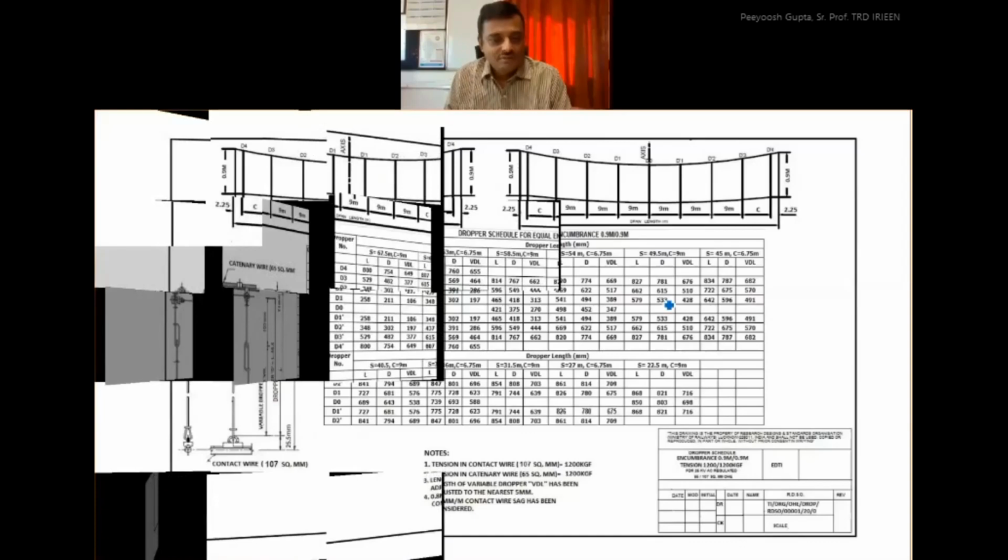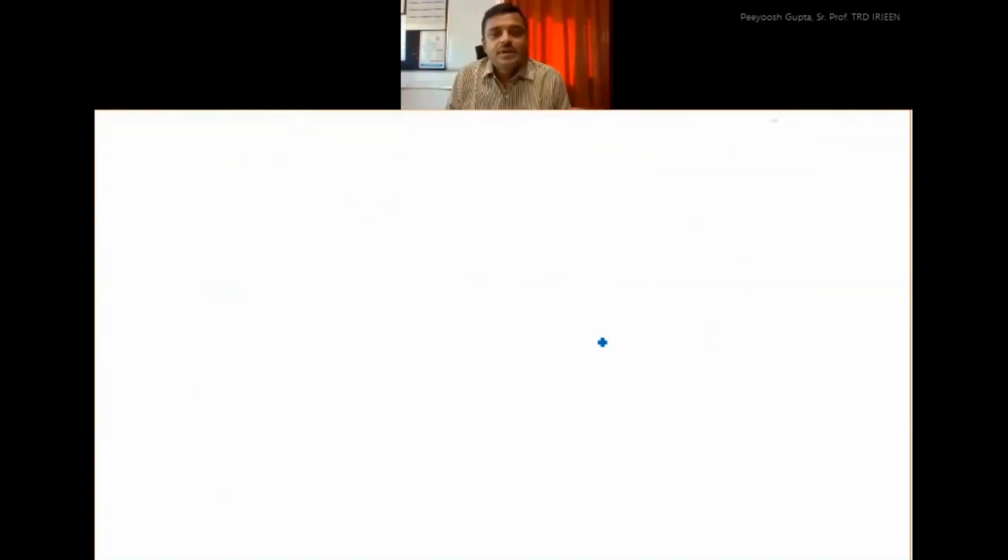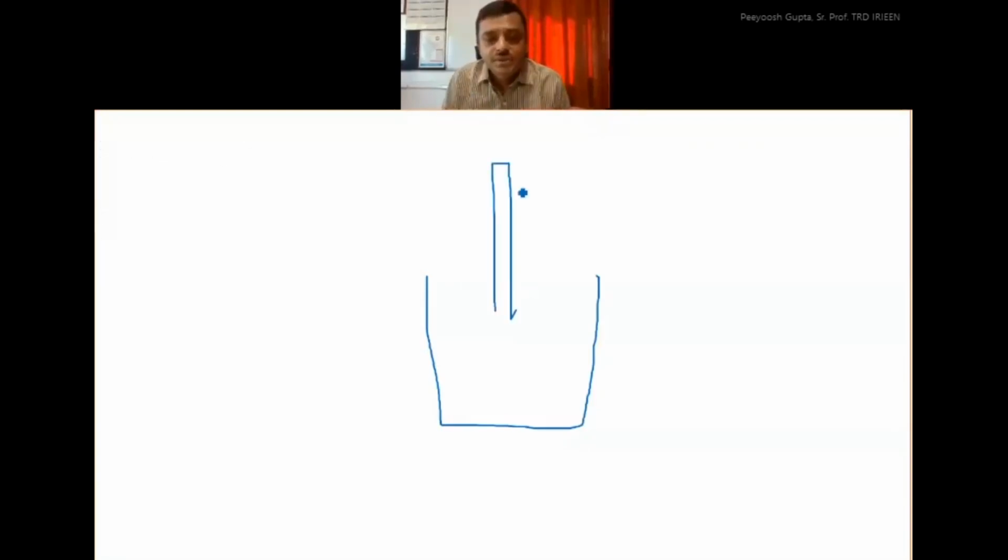with the mouse I am drawing. So one is the foundation, another is the mast, and there is a cantilever. I will just show the force. So there is a force, and because of that there is a bending moment and also vertical load.